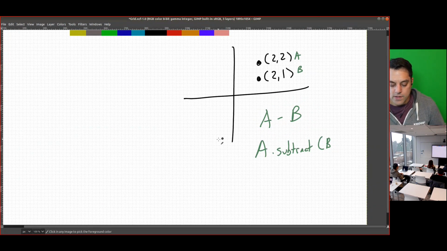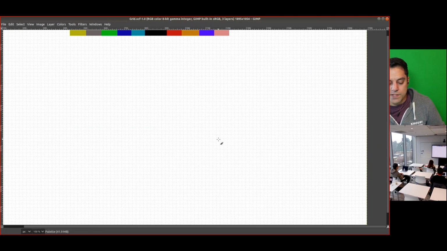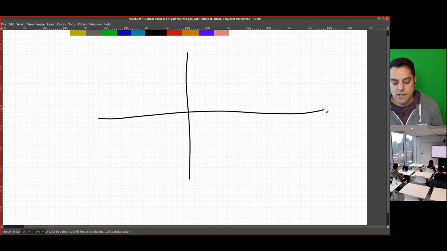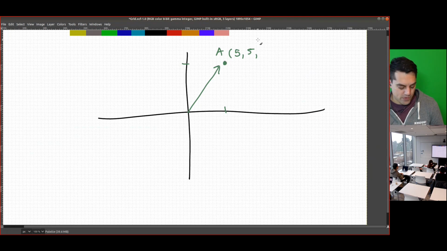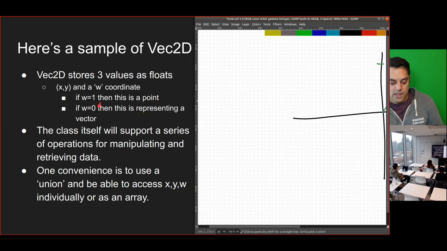Now, why this distinguishment? Well, I've got to go to the whiteboard again a little bit here. And let's go ahead and draw some points here. And this will make sense in a moment because I'm going to talk about vector math. But let's say I have a vector here, and I'll just label it vector A. And this is about, I don't know, 5 in the X, 5 in the Y, and then it's a vector, so I said that was going to be a 0 in the W coordinate.